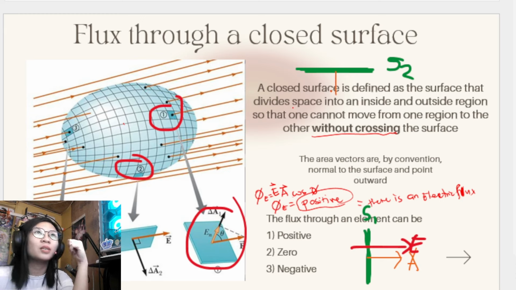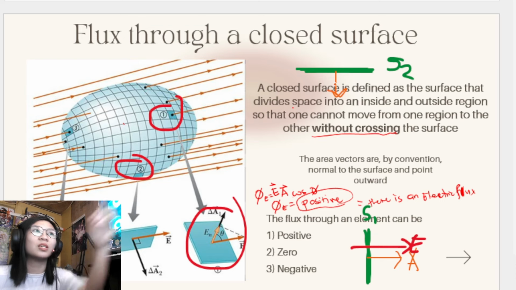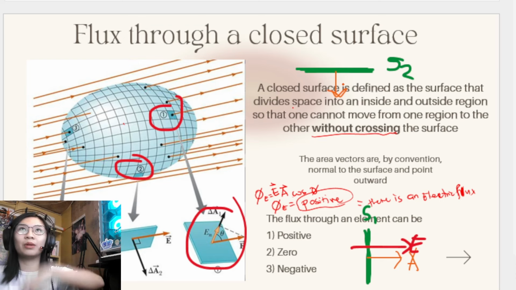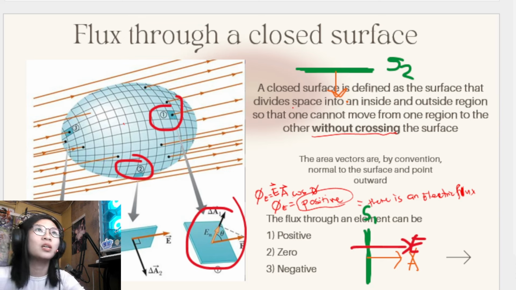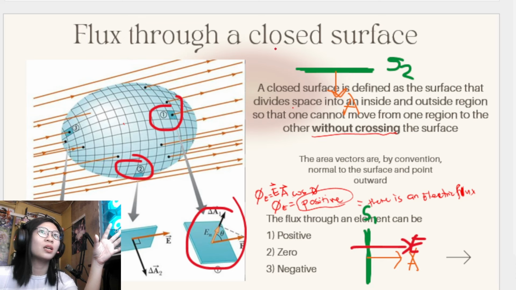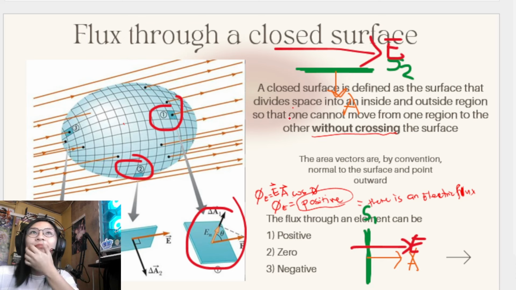A is going downward, since the surface S2 is facing downward, outward, but your E is actually going to this side.